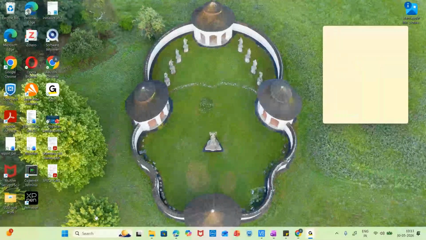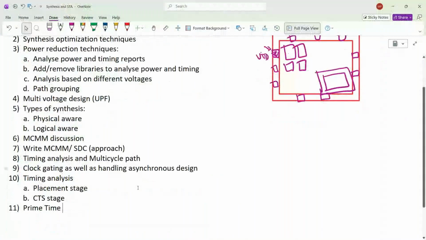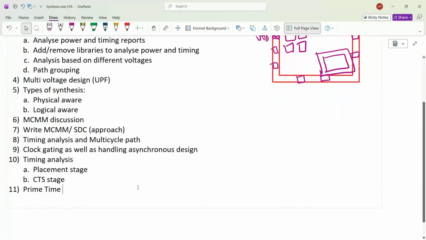I will add some more points here. I've missed some points that we are going to do.